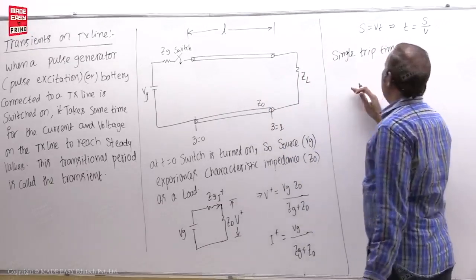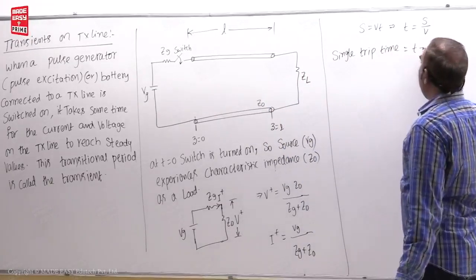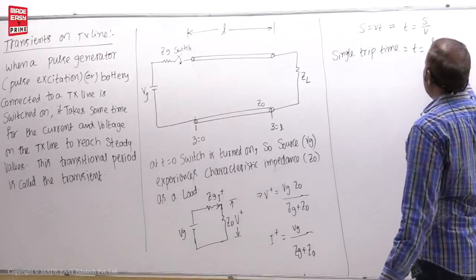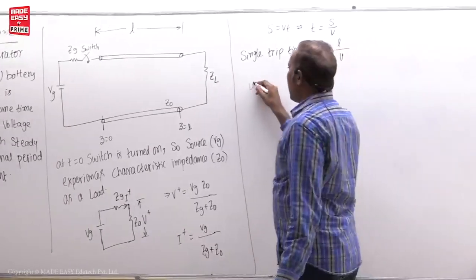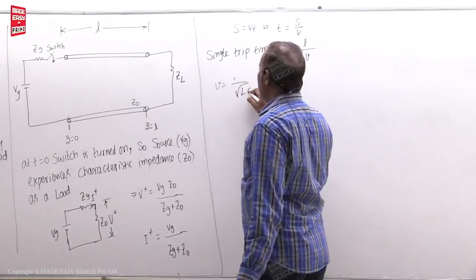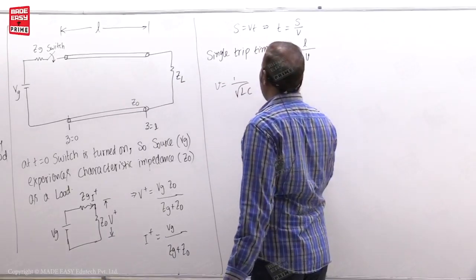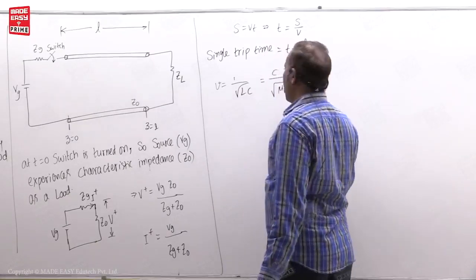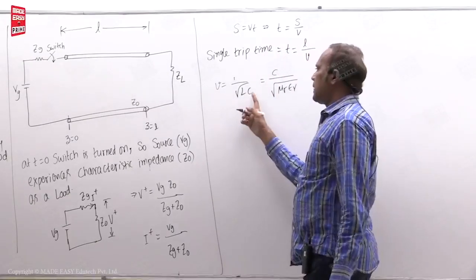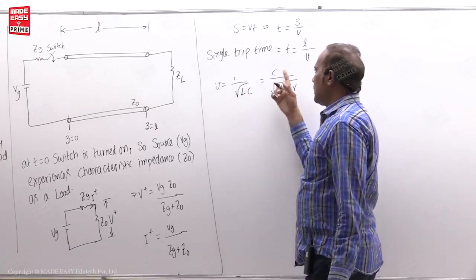That single trip time is equal to the total length of the transmission line divided by the velocity. Velocity is equal to 1 by root LC if they give LC, or otherwise if mu r and epsilon r are given, then C divided by root mu r epsilon r is used.